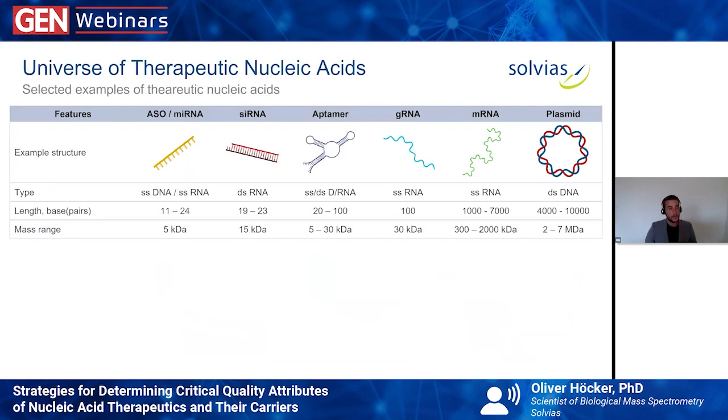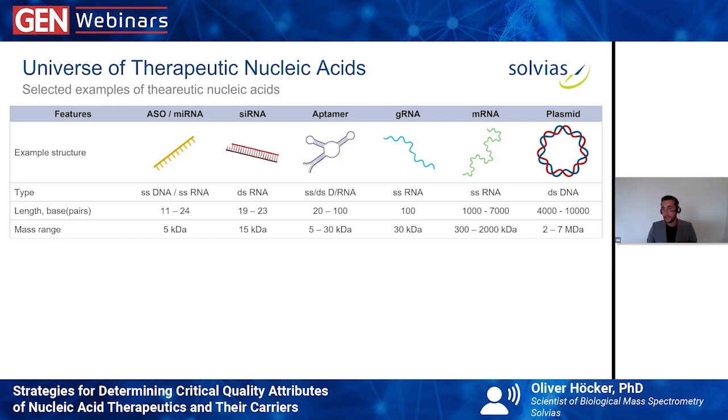So first I want to give you an overview about the therapeutic nucleic acids universe. So here just a limited overview, starting on the left side with short nucleic acids such as antisense oligonucleotides or microRNAs that have just 10 to 20 nucleotides in length and a mass of maybe 5 kilodalton.